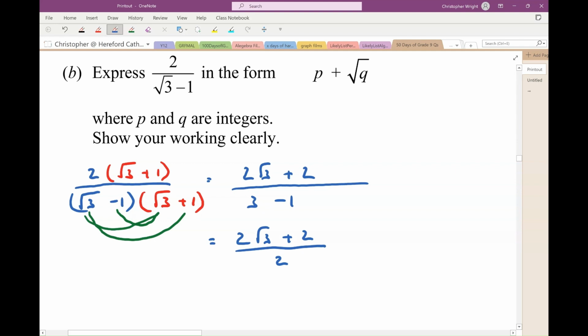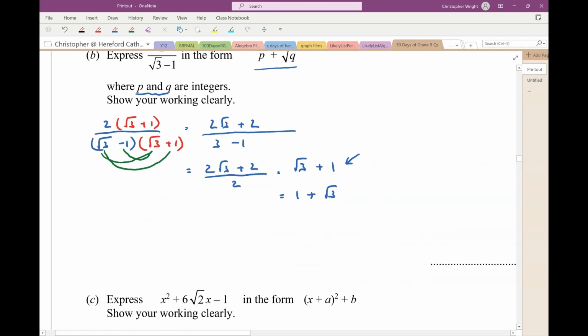Half of 2 root 3 plus 2 is just root 3 plus 1. And it says express it in the form p plus root q. So I'm going to write that as 1 plus root 3. Where p and q are integers, yes, p and q are integers because p is 1 and q is 3.